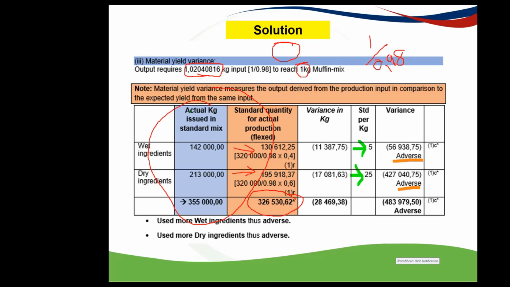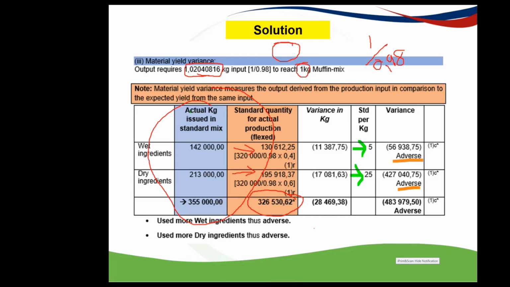For example, with this muffin business, we were supposed to get more out of what we put in. But I'm trying to understand what the yield is for, apart from memorizing it as a formula. And I'm not quite getting it.